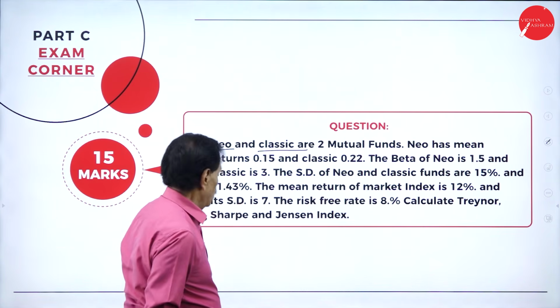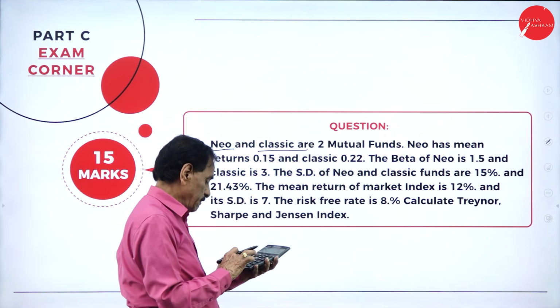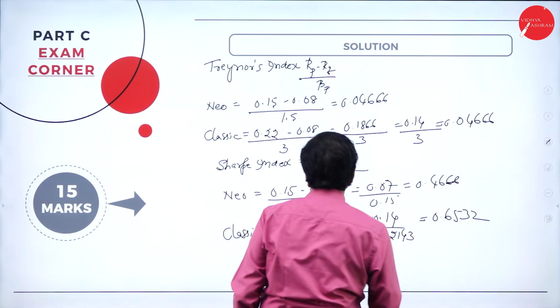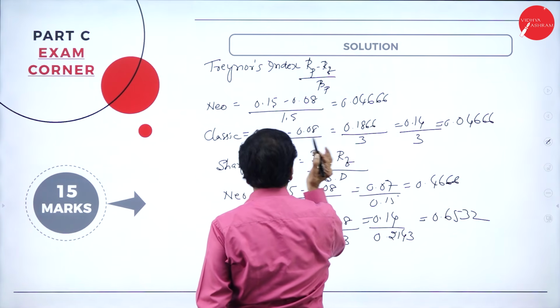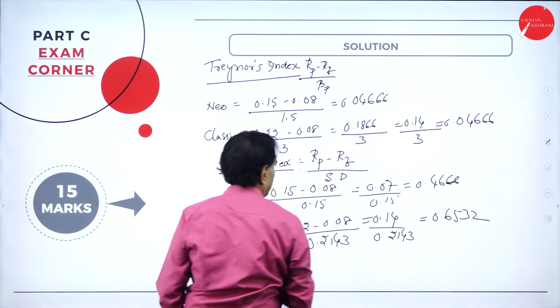If you come back, 21.43 divided by 100 is 0.2143, correct. So we have done Neo, Classic. Here Treynor's index is over, Sharpe index is over.